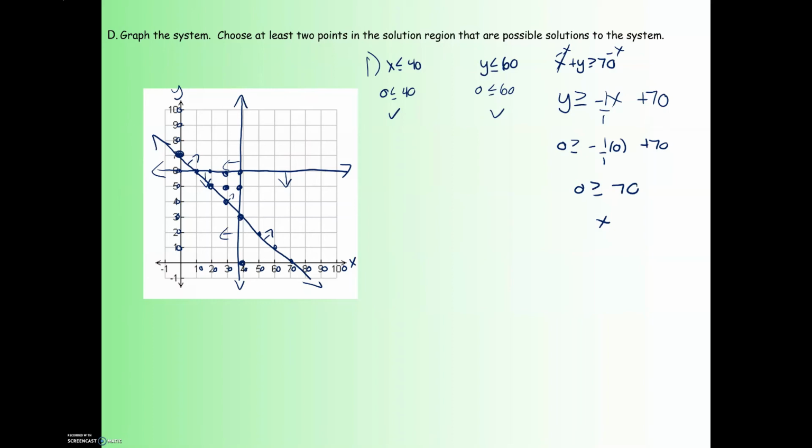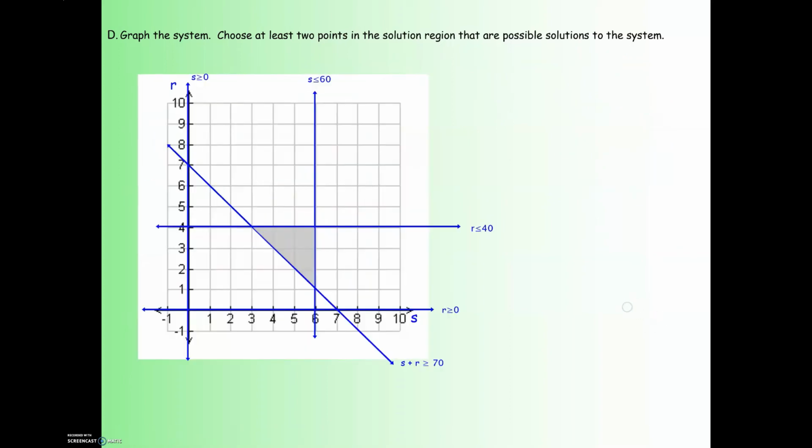It says choose at least 2 points. This guy right here is a point. This is the point 40 and 30. This guy right here in the center can be a point, which is the point 30 and 50. So there are 2 possible points. And here would be the answer.